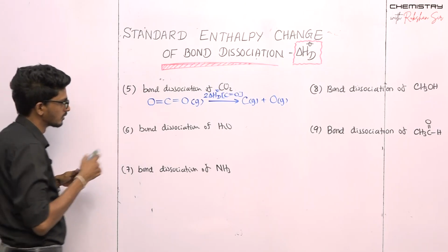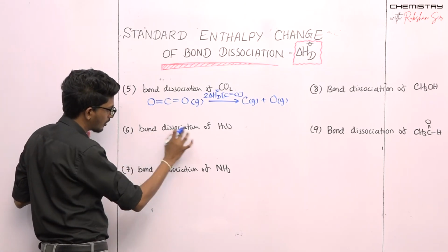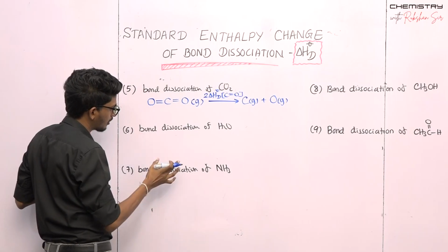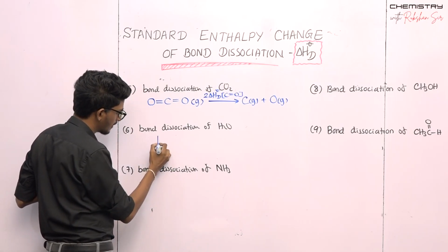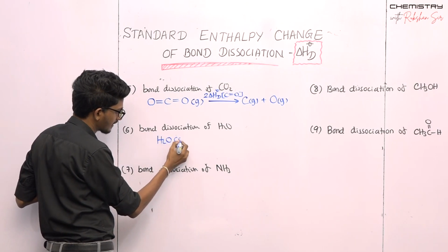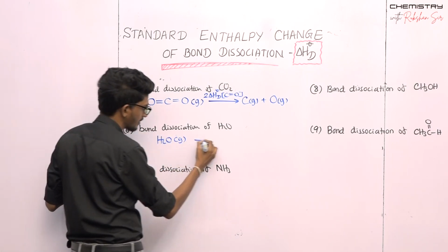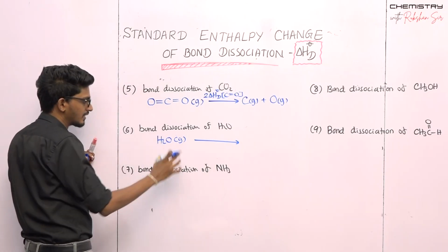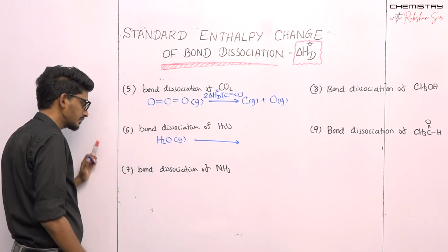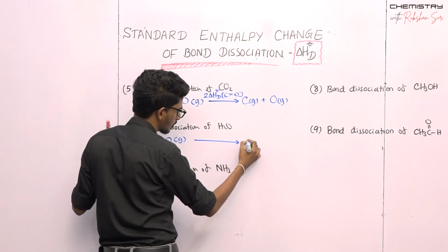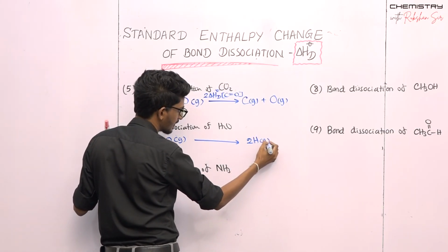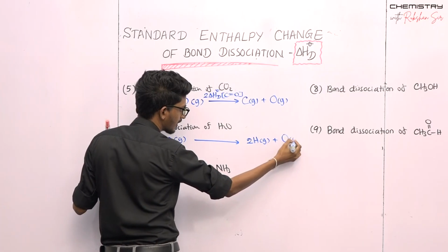This is about H2O. As you are referring to bond dissociation, you have to break the bonds in a gaseous compound or element. So H2O should appear as a gas if you are considering bond dissociation, right? So by bond dissociation, you are supposed to come up with monoatomic gaseous forms: 2 H gas plus oxygen gas.